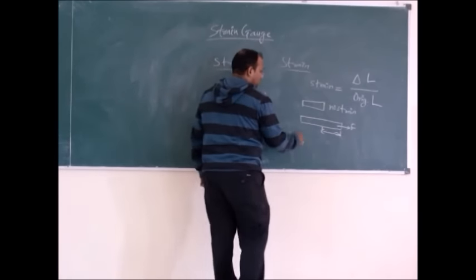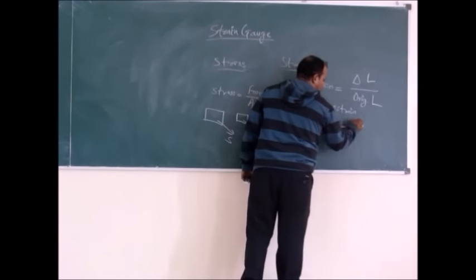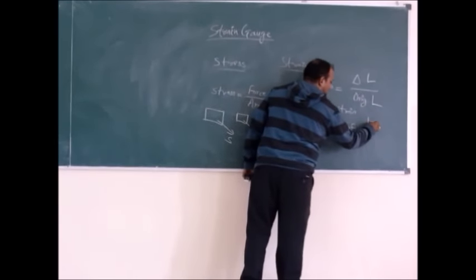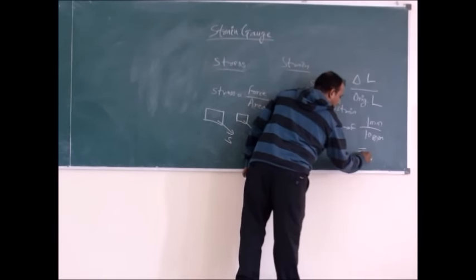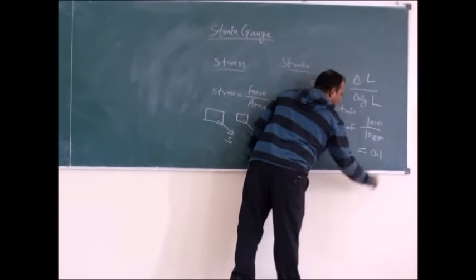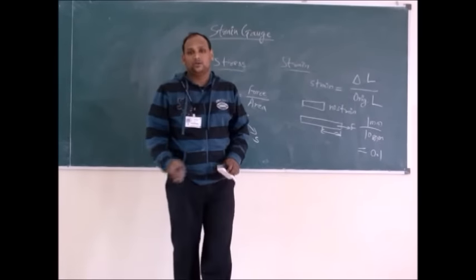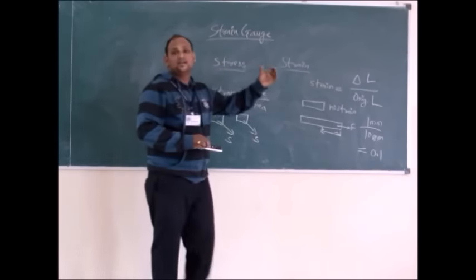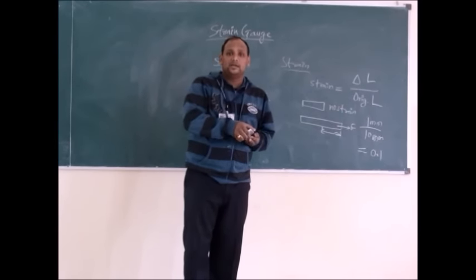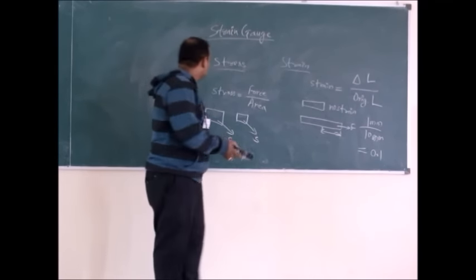And if we calculate, suppose the change in length is 1 mm and the original length is 10 mm, so the strain obtained is 0.1. So this is the basic difference between stress and strain. Now we will look at strain gauges.